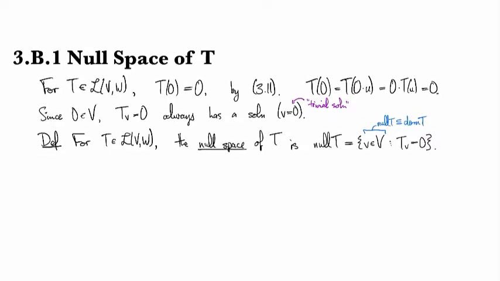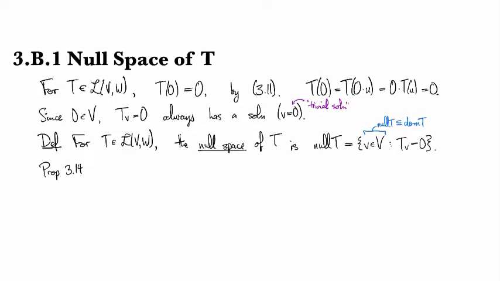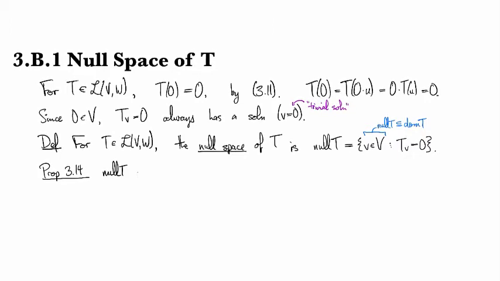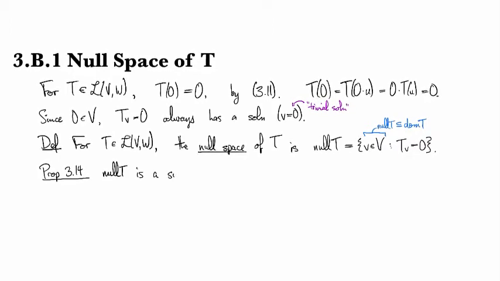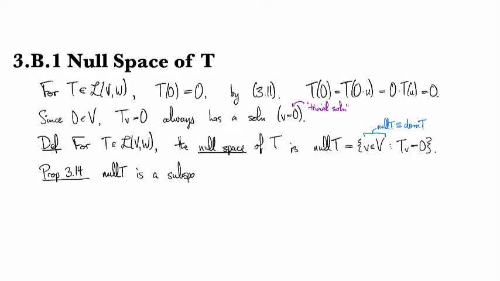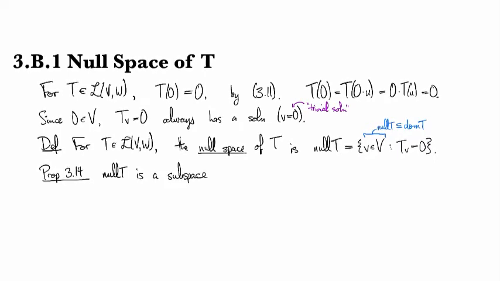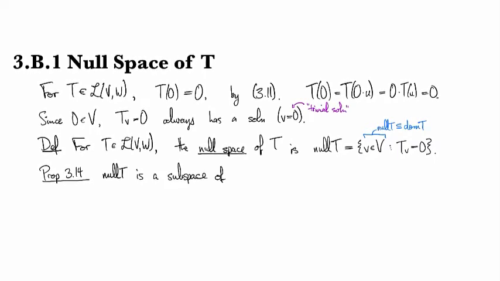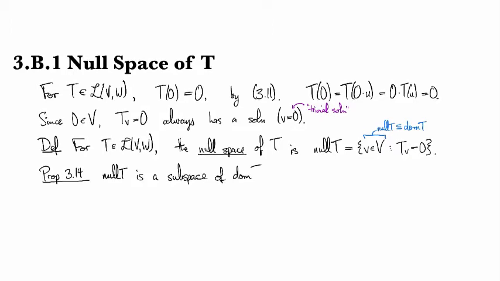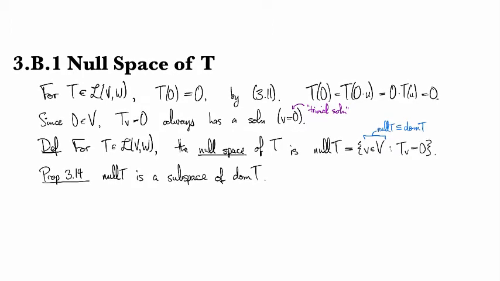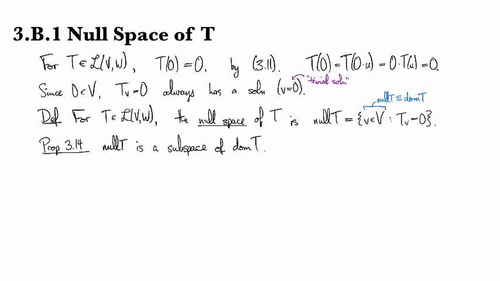Okay, and we have basic proposition 3.14. Null T is a subspace, which you probably guessed because I was calling it the null space, right? Dead giveaway. So this is a subspace of the domain of T. Okay.